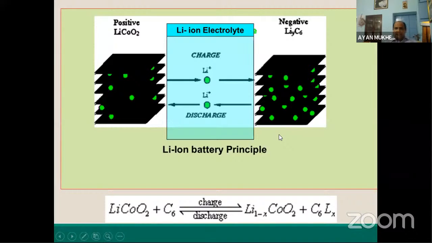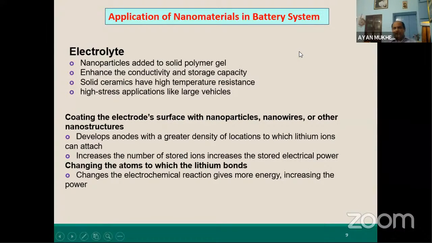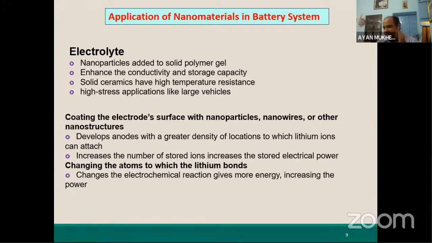But for lithium, we can use different types of lithium sources. Here we will see how the application of nanotechnology has benefited this battery system. If we use electrolytes made of nanoparticles, then we can easily add them in solid polymer gel and enhance the conductivity and storage capacity of the system.